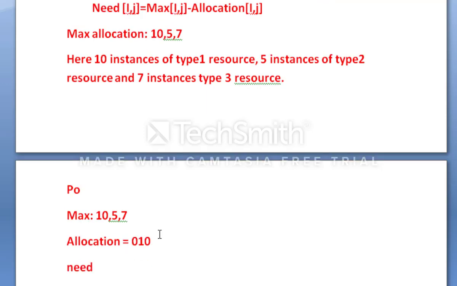So we can calculate the need of process P0 as 10 5 7, that is the maximum resource, minus 0 1 0, that is the allocation.